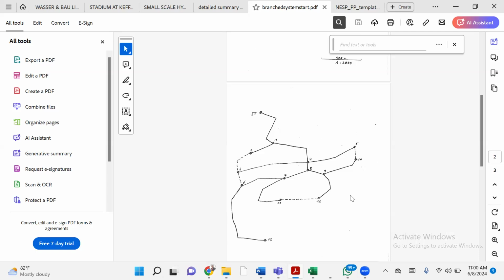So you could see that the difference between a branch system and a loop system is to put a dummy pipe. The reason for this loop system is that, let's assume there's a problem at node 2. Then I can supply water from node 4 so that the people can still get water. For instance, look at node 7.